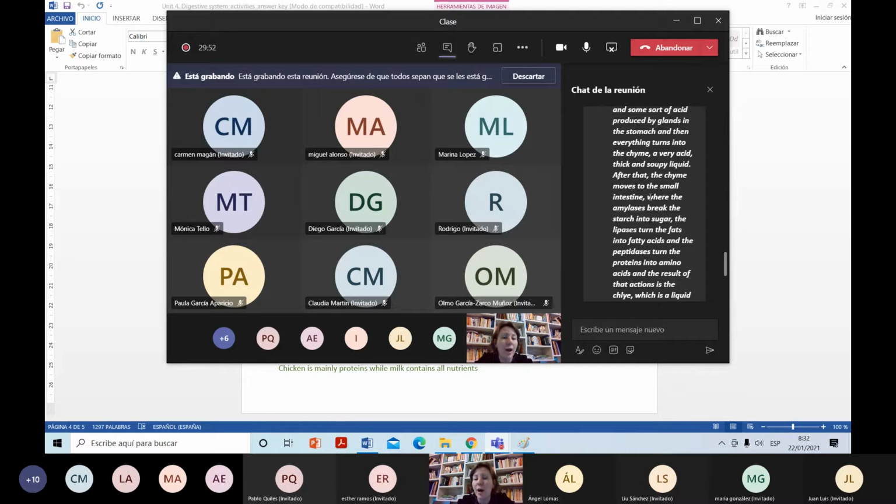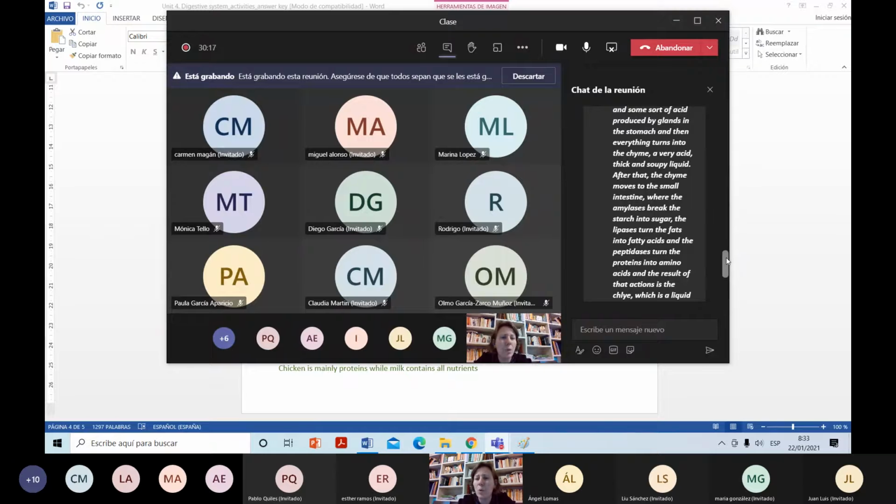So there's no more action in the stomach apart from the digestion of proteins. In this case, proteins contained both in the chicken and in milk, and everything turning into a liquid substance, which is the mechanical digestion. But in this case, you just mention the acids doing this activity.